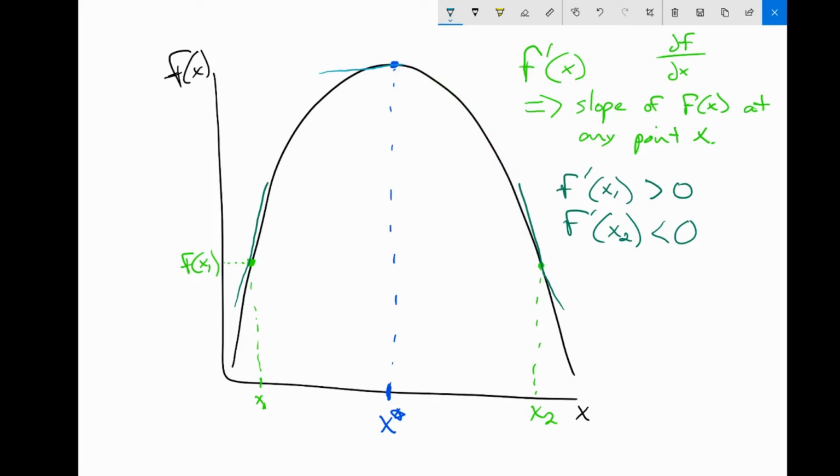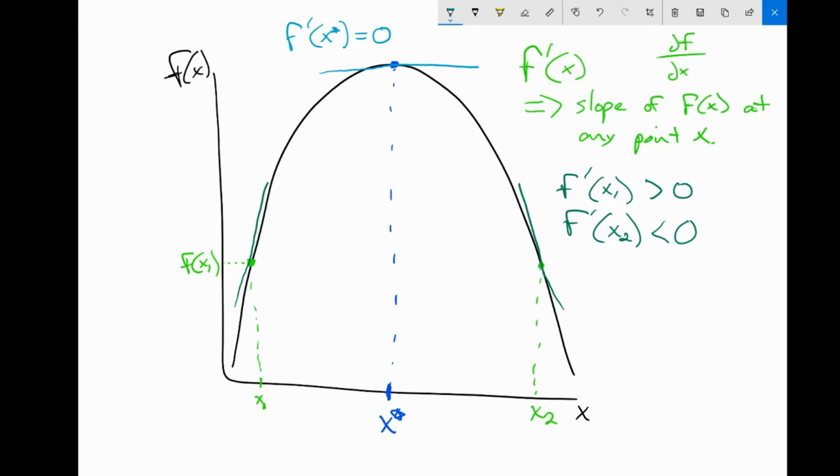What is the slope here? The slope here is 0. That means that the derivative of f of x at x star is equal to 0.